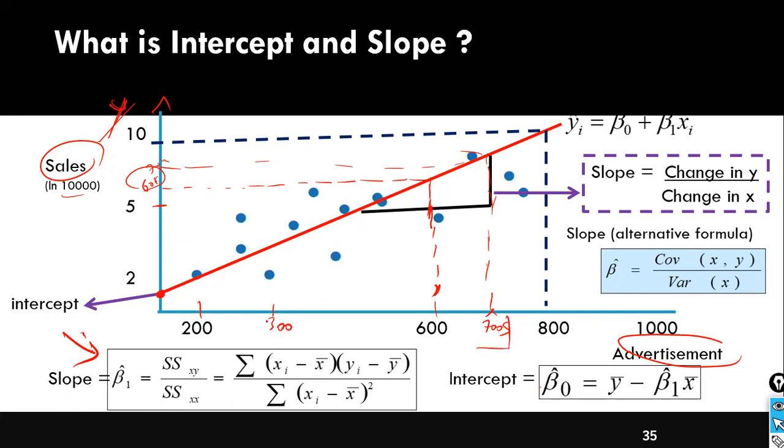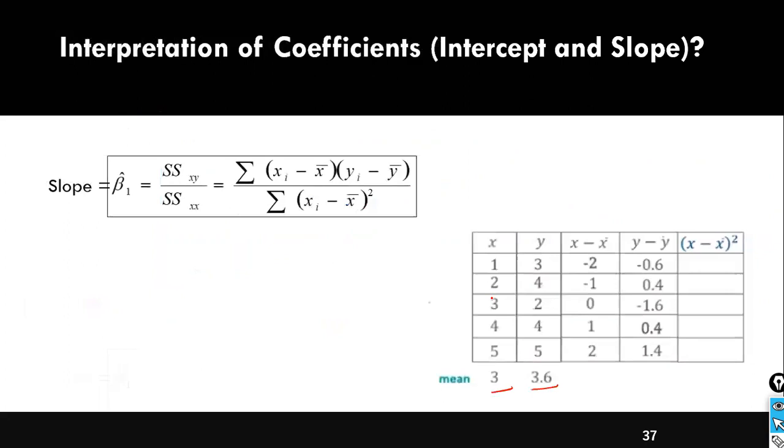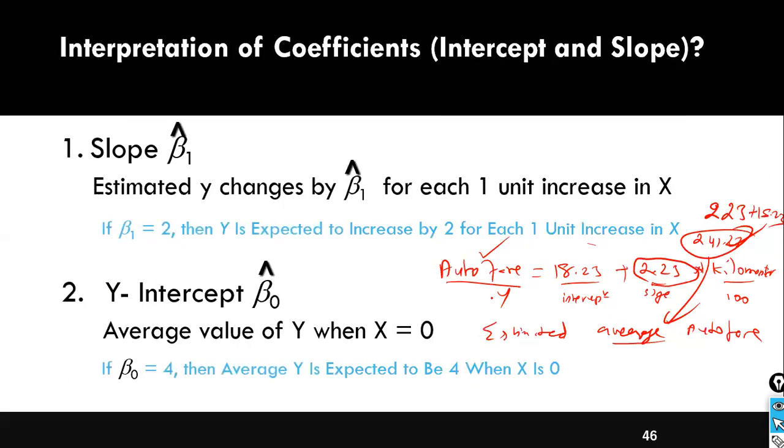If I invest $325 in advertisement, how much sale can I expect? As the X value increases, obviously the Y value also increases. But the slope helps us understand the rate of change in Y when X changes.